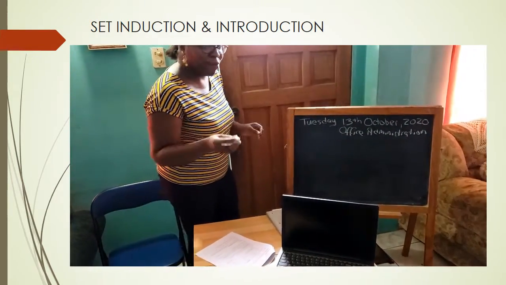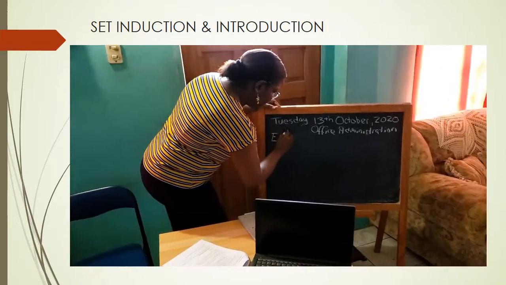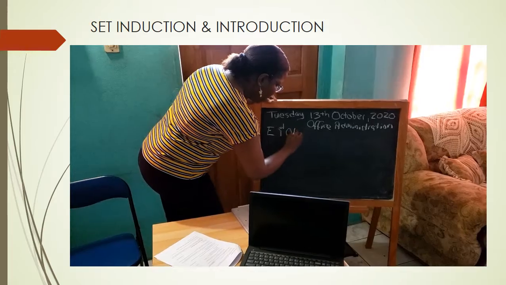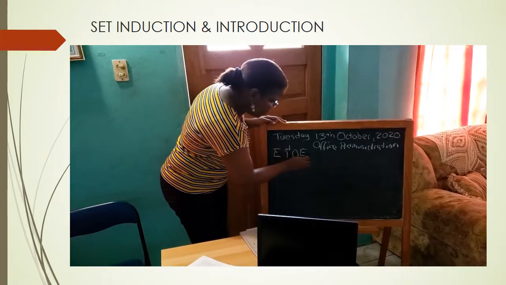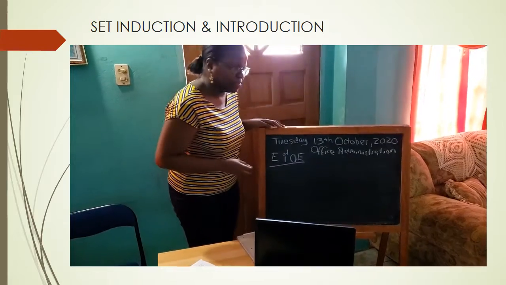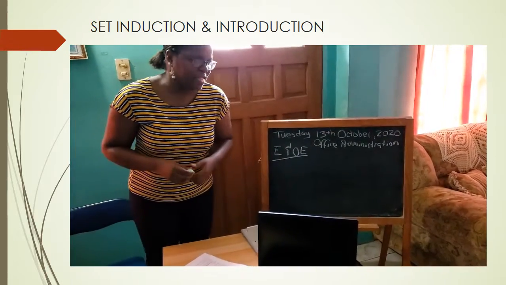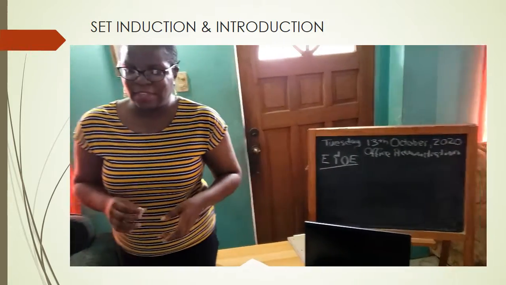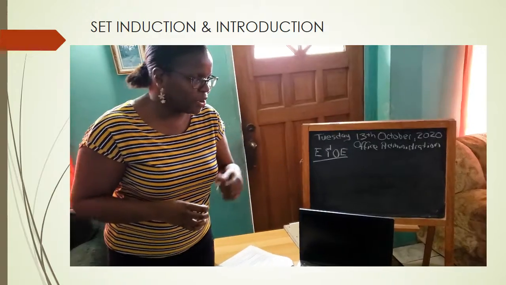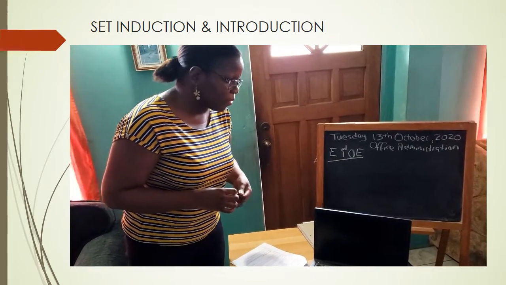Most invoices have this term written on them, which is called E and OE. We would have covered this term in sales and marketing. Let's see, what does E and OE stand for? Shaniqua? Can't remember.